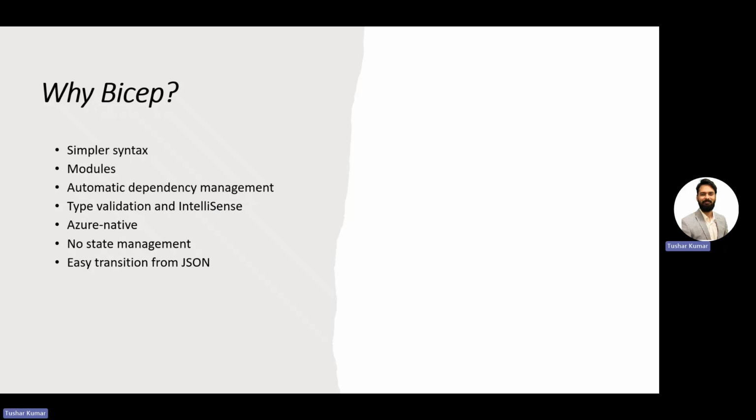Okay, there is no state management. Bicep basically checks with the existing state of your Azure environment itself. So there is no state management where you have to keep a state file in a different folder or a storage account just to maintain your Azure state. There is an easy transition from JSON.